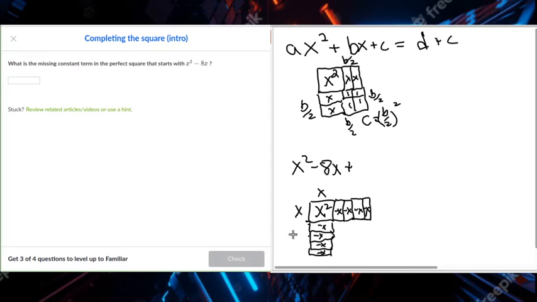So x minus 4 times x gives us this negative 4x here, and then we have this other stuff that's left down here, and this is going to be negative 4 times negative 4 units.